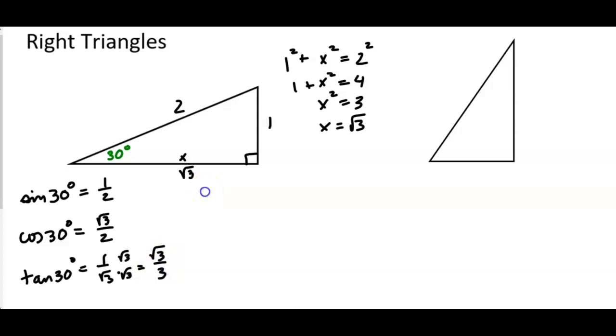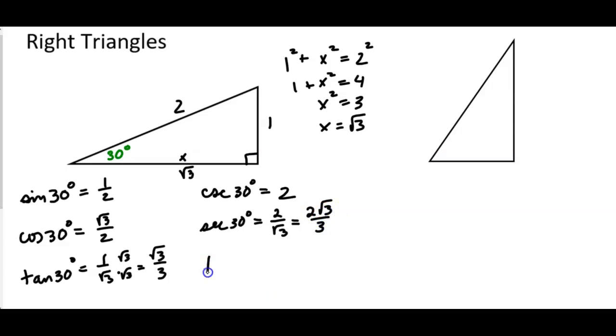And then I can do the reciprocals. So cosecant 30 degrees is going to be equal to 2, just the reciprocal of the 1/2. Secant 30 degrees is going to be 2 over the square root of 3, but then again I have to rationalize it. It's going to wind up being 2 times the square root of 3 over 3. That's kind of the messy one.